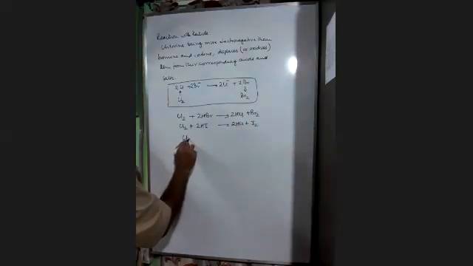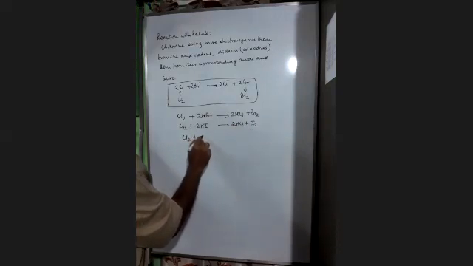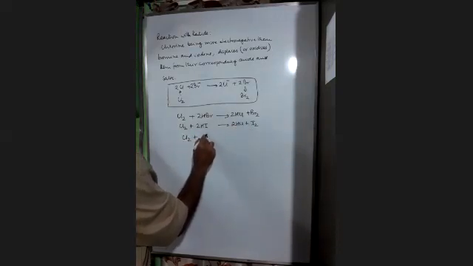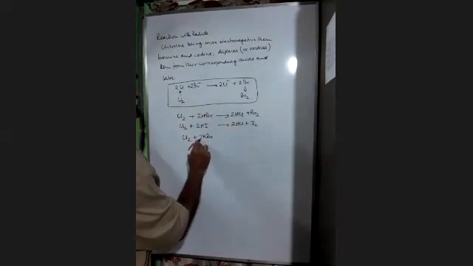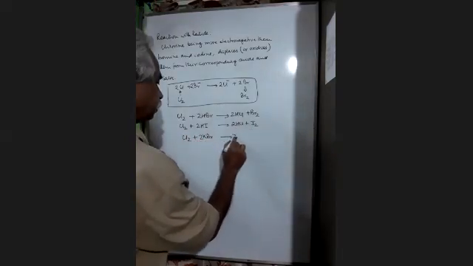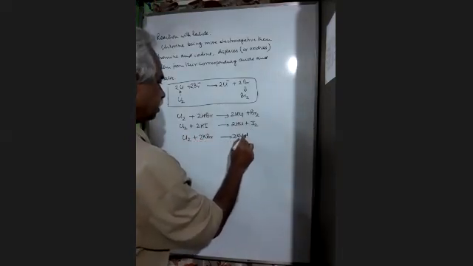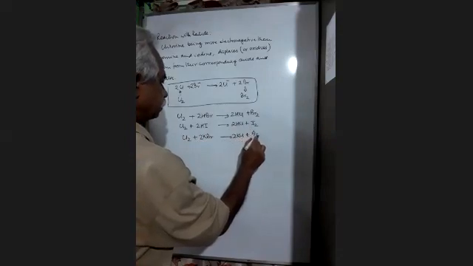Similarly, if I have taken potassium bromide, it will give you 2KCl plus Br.